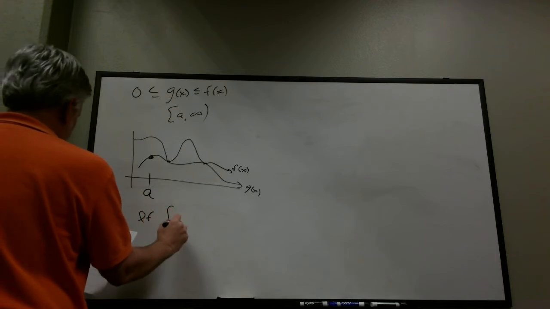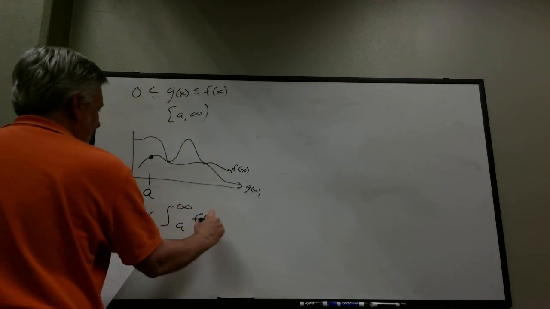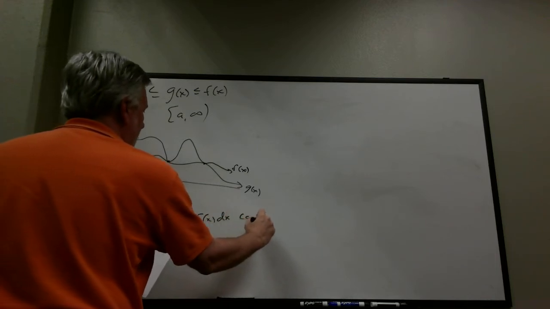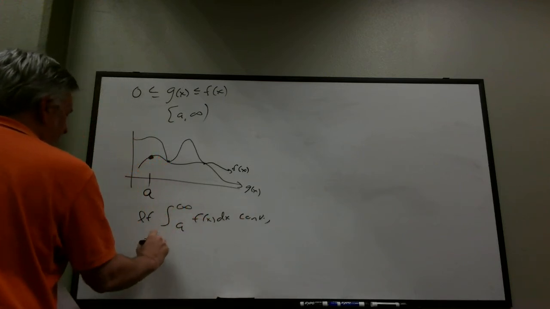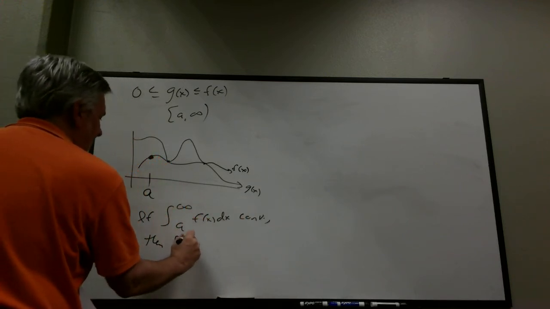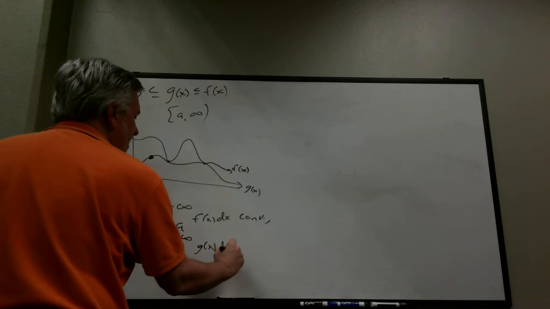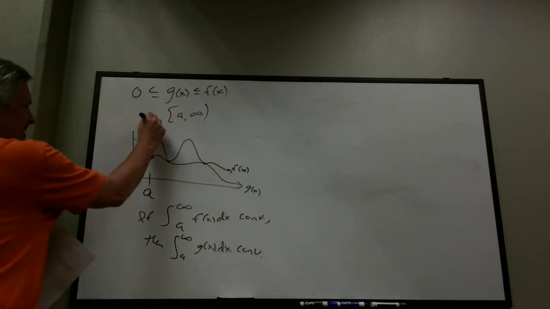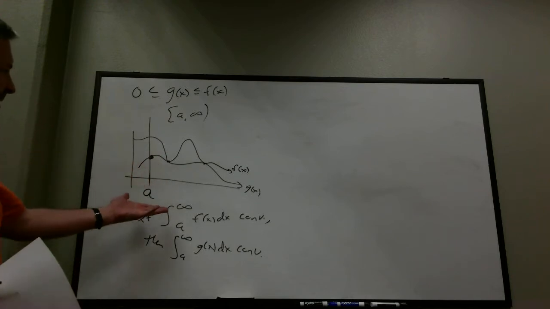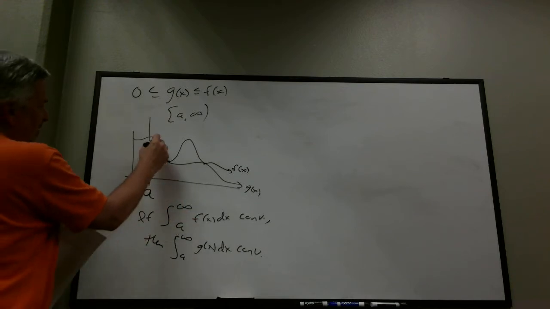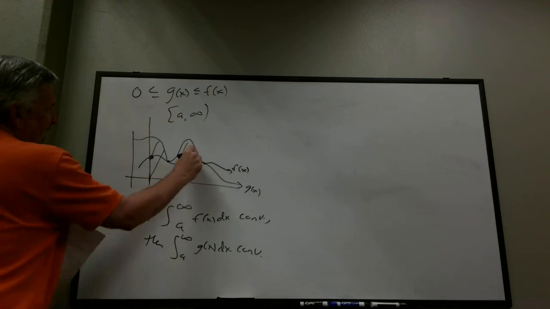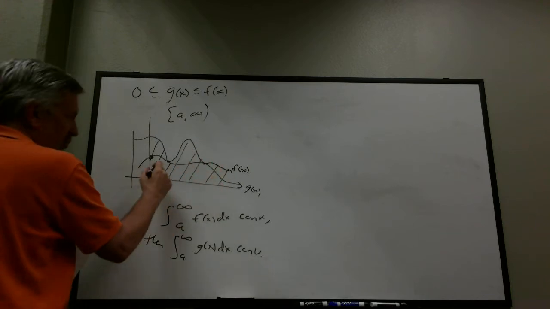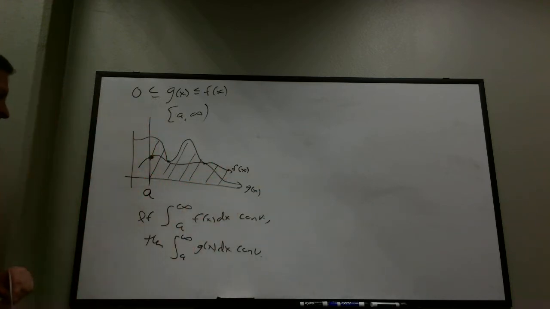Okay. So it says, there's two parts here. If the integral from a to infinity of f of x dx converges, then the integral from a to infinity of g of x converges as well. Now that sort of makes sense, right? Because think about geometrically what we're talking about here. If the integral of f converges, that means the area under f is finite.